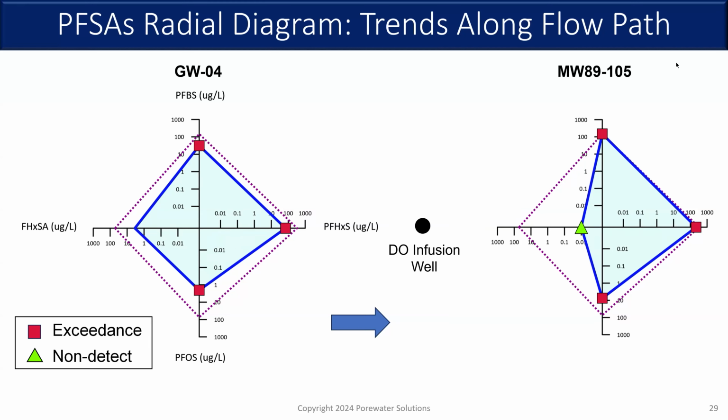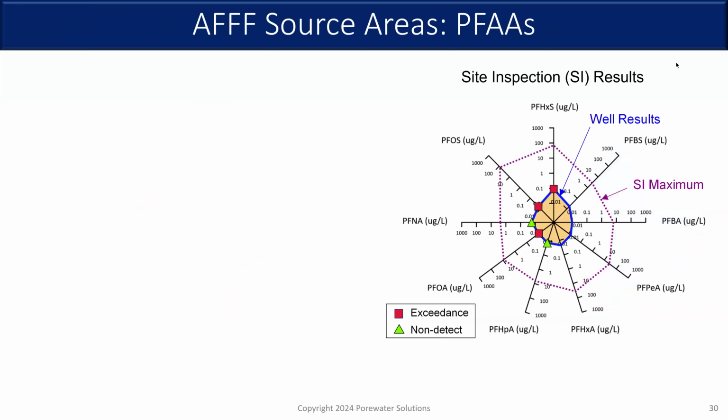And you can see PFHxS has increased by about an order of magnitude at the downgradient well. And same with PFBS and PFAS, they also increased, which means we probably had some other precursors there biodegrading because of the dissolved oxygen infusion. So it's very easy to show this with radial diagrams, where we're looking at both the parent species and the daughter products on the same map.